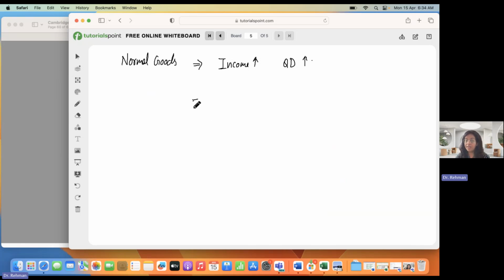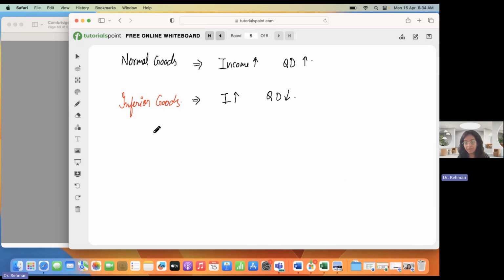However, there is one type of goods in which as the income increases, the quantity demanded decreases. Now, what are these goods? These are special kinds of goods and they are called inferior goods. To make things simple, I'll give you an example of non-branded and low quality clothes or shoes, or any low quality product that people use because they cannot afford more expensive clothes.